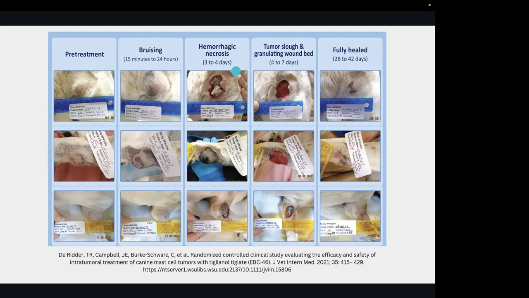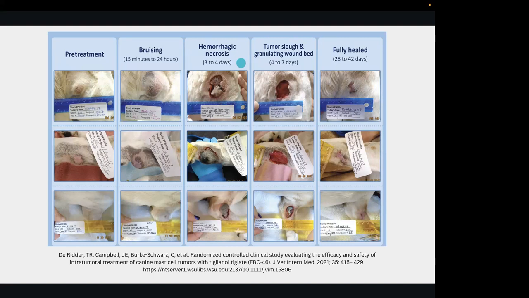And then another few days later, this is definitely very similar to what I was seeing when I first started using this medication. So the tumor kind of dies and pulls away from the body, becomes necrotic, just kind of falls off, or it's gross to think about, but maybe it gets eaten.